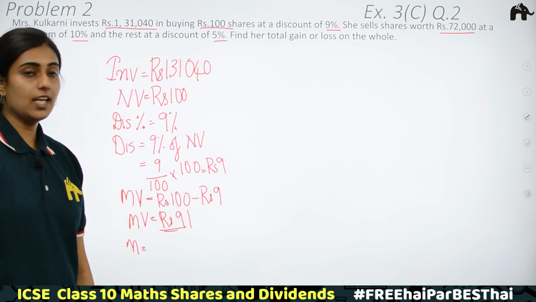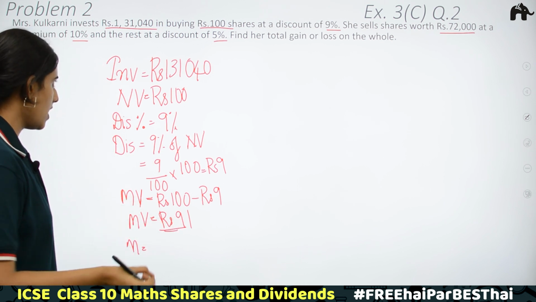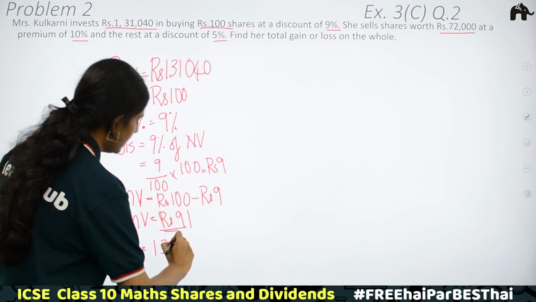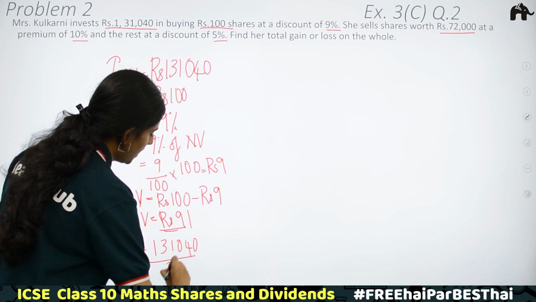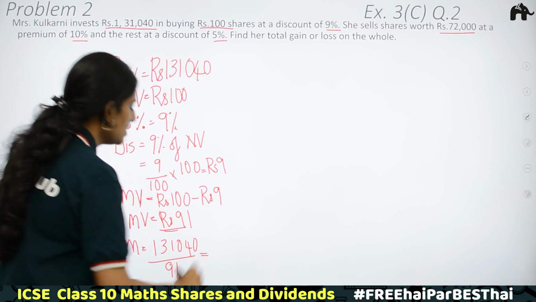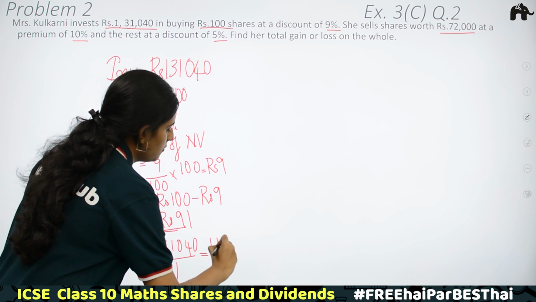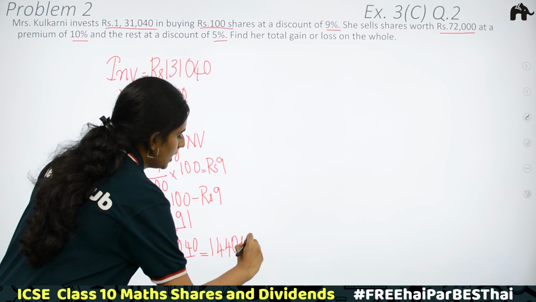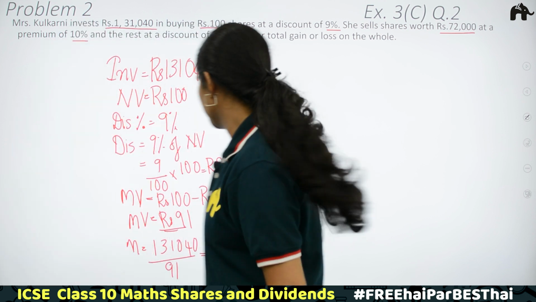What is number of shares? Investment divided by market value of one share. That is 1,31,040 divided by 91. When you calculate this, you will be getting 1,440. 1,440 shares. Fine.